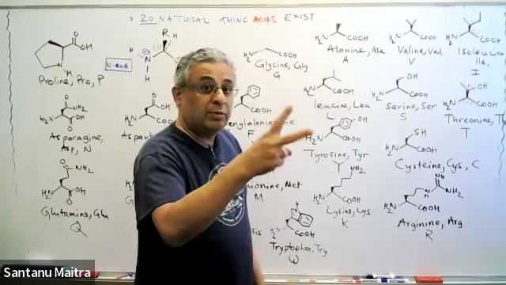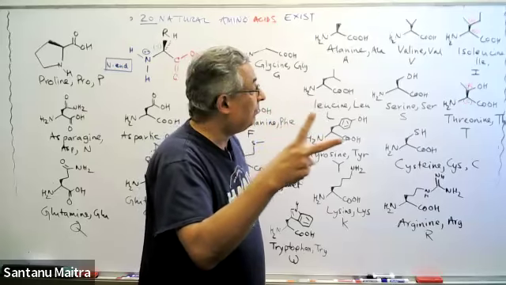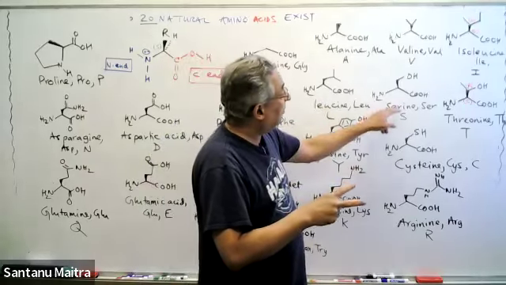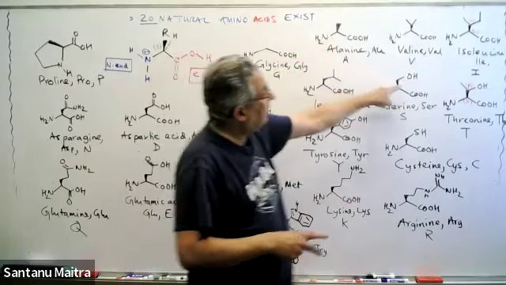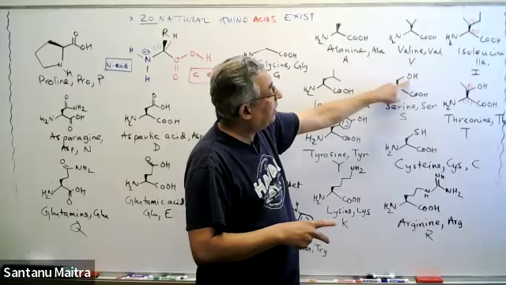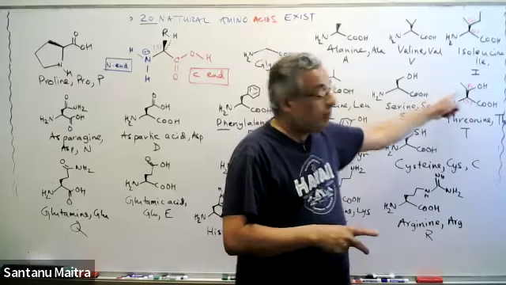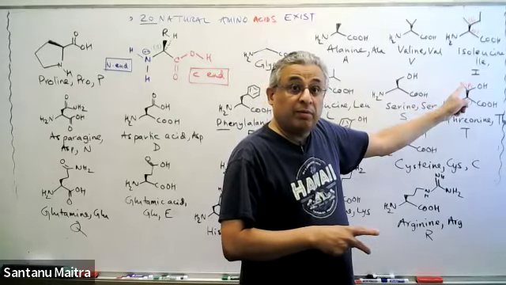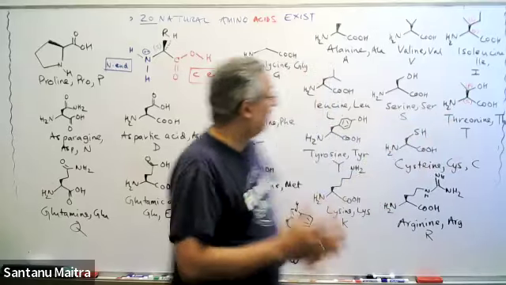Iso means isobutyl, isopropyl groups have a V, like a little split at the end of the side chain. Serine has an OH. It's kind of like alanine, with an OH attached to that. Threonine is basically serine with an extra methyl group. So serine and threonine, they're very similar.